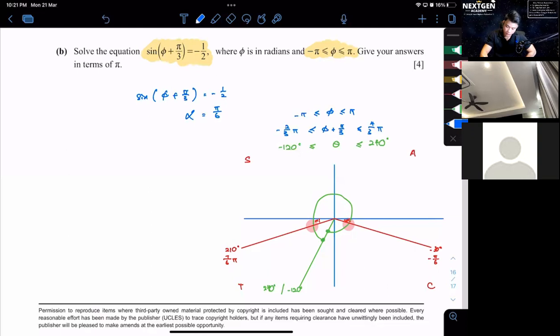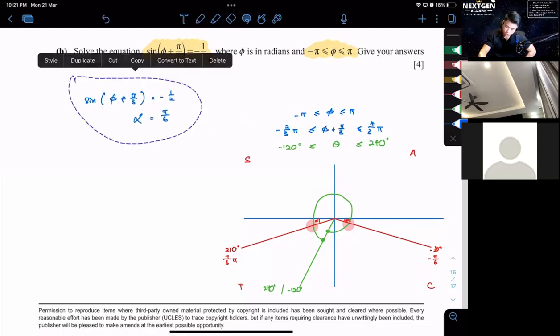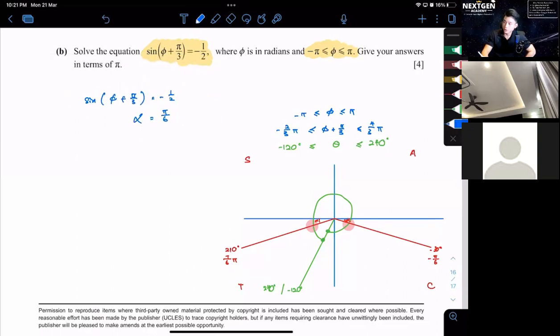So let's go back into the question. Over here, my first value for phi plus pi over 3, I'll get negative pi over 6.